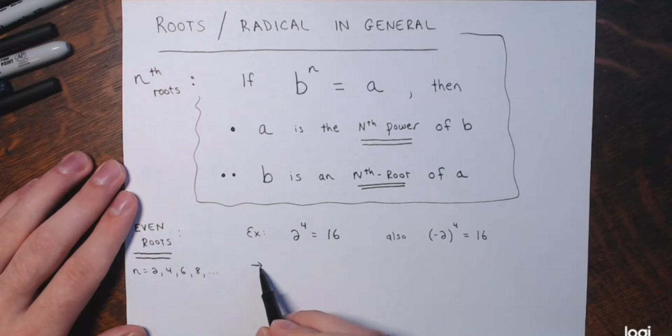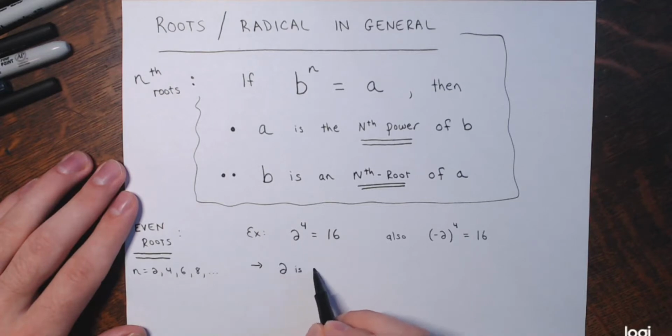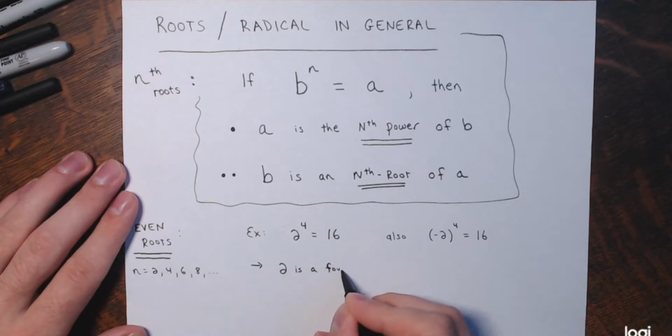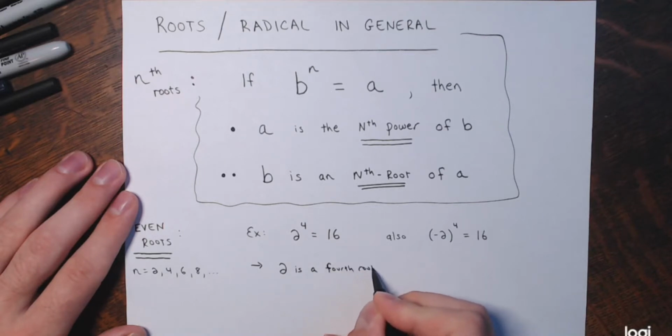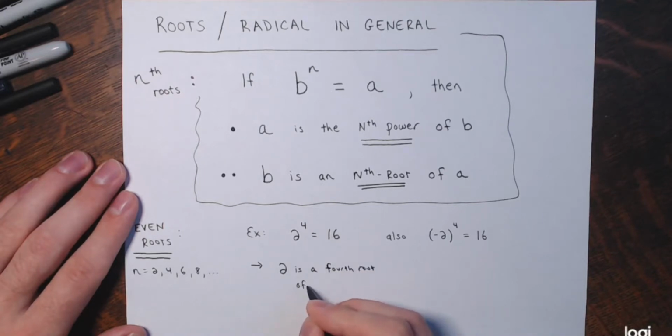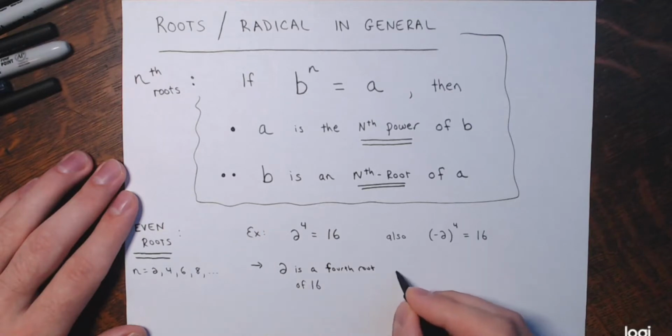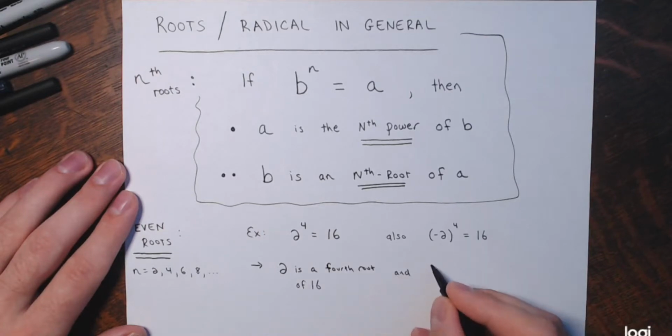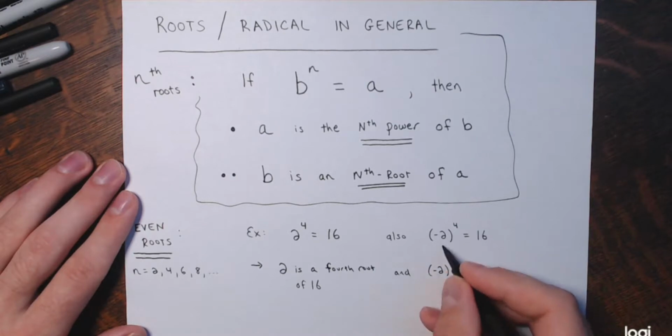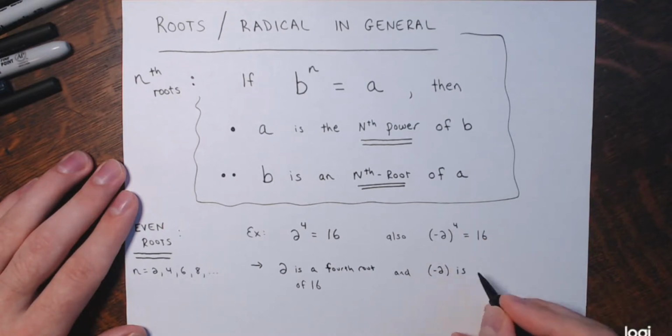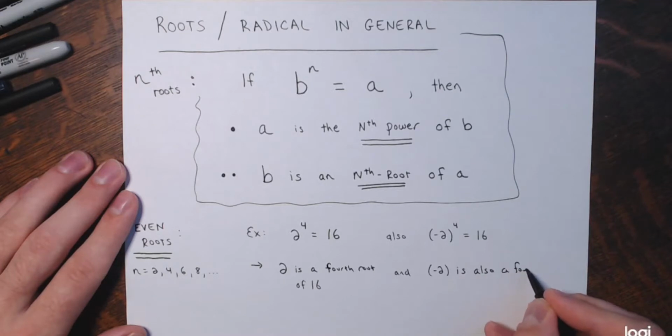So what does this mean? This means that 2 is a fourth root of 16, and negative 2 is also a fourth root of 16.